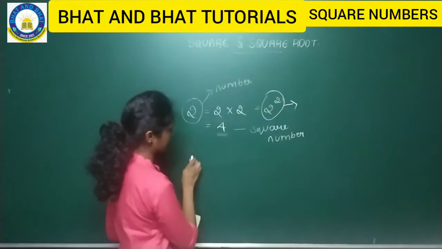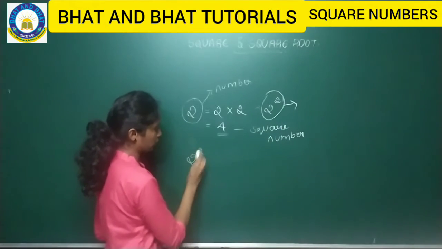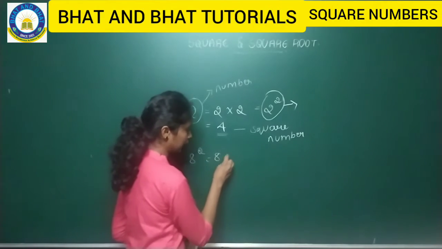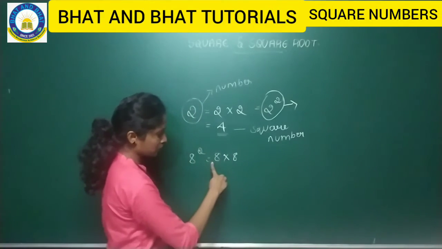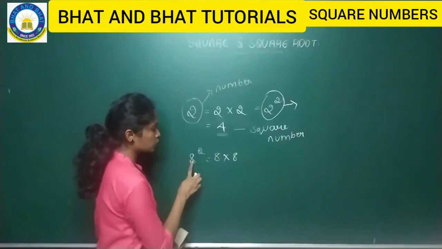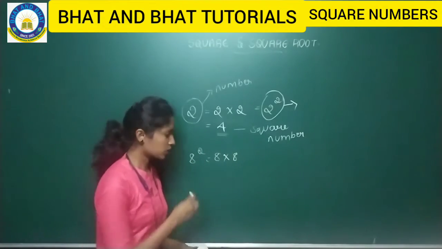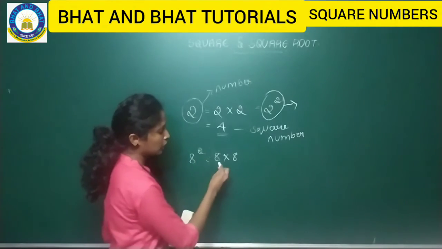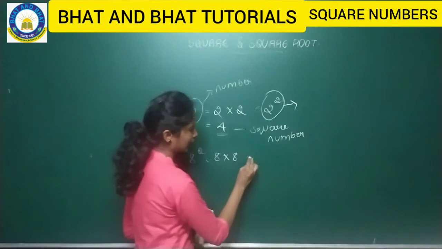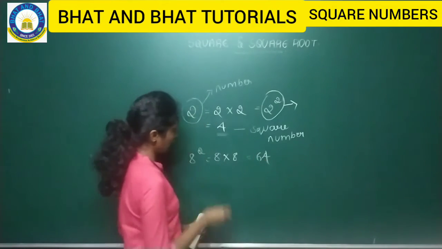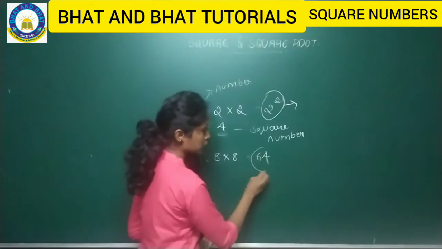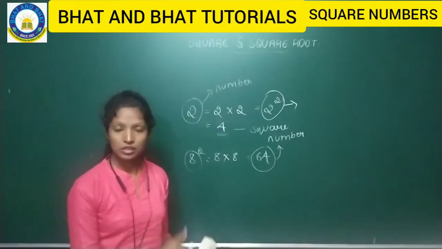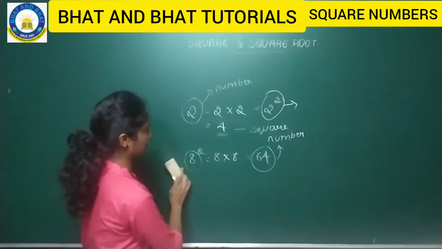So when they give you, expand 2 square, or say for example 8 square, what will we do? 8 into 8. When a number is multiplied with the same number, so 8 square, if it was 7 square, 7 only 2 times we would have written. So since it is 8, only 8 we are taking. 8 8s are 64. And here 8 is the number, 64 is the square number. So this is how we define the square as well as the square number.